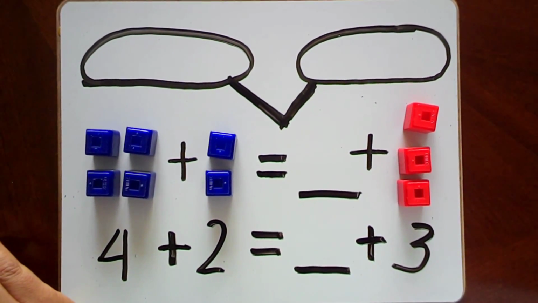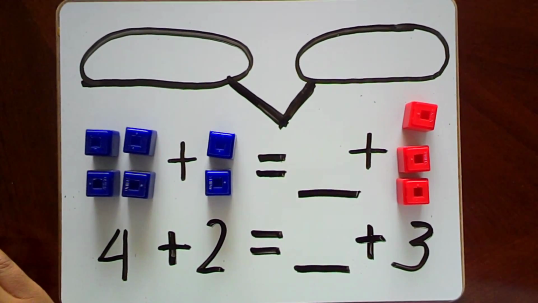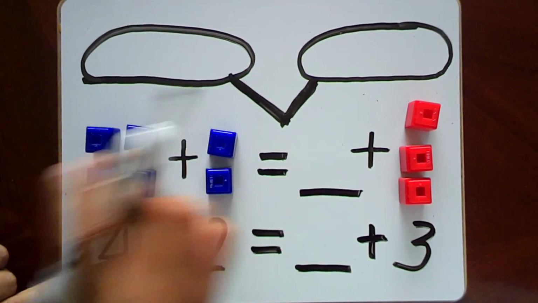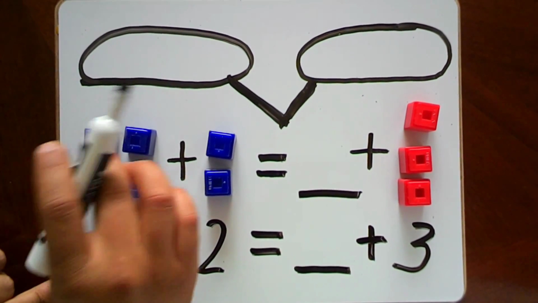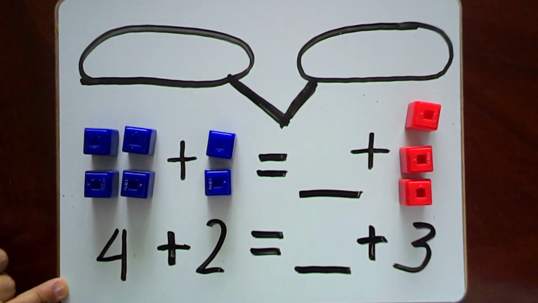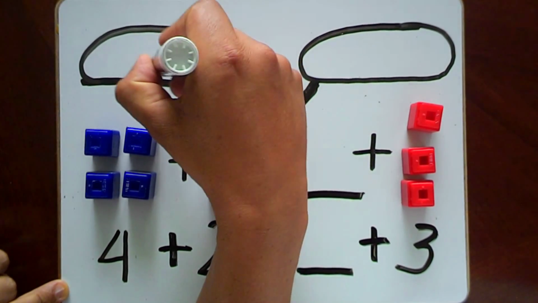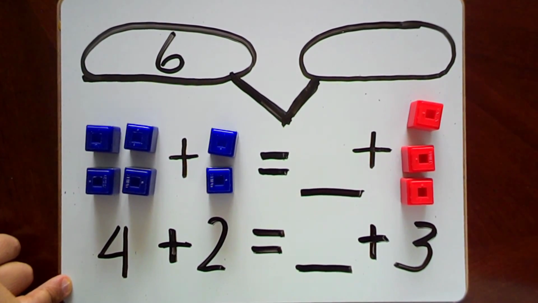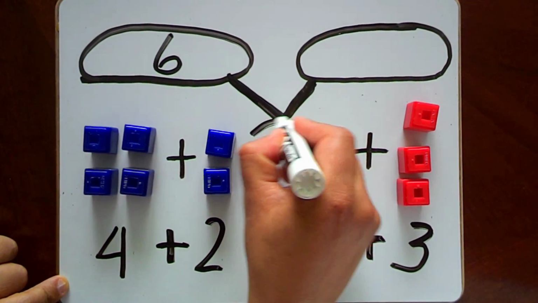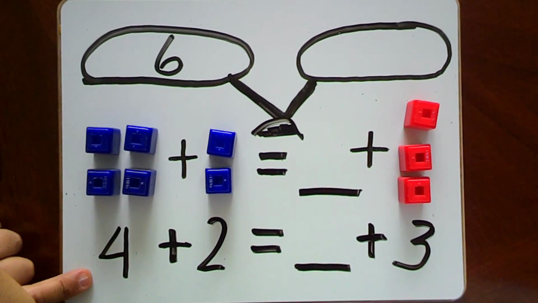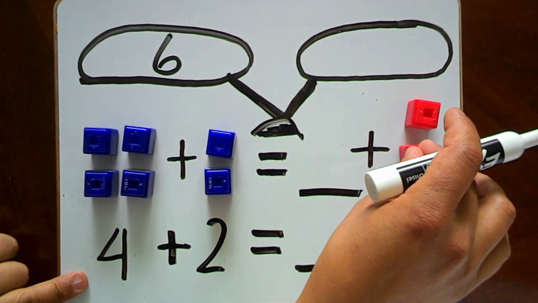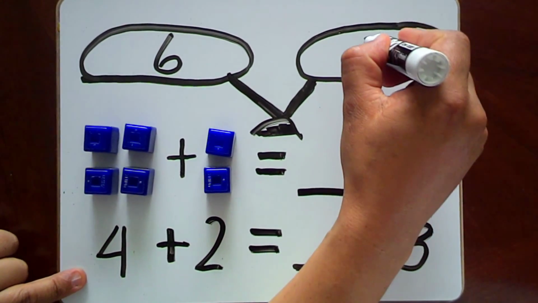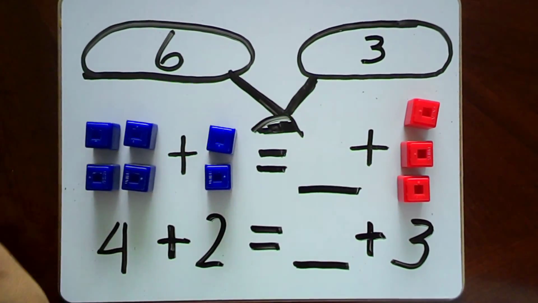Okay, so let's look at what we have on the left side right now. We have 4 cubes and 2 cubes, and we know that 4 plus 2 makes 6. Now on the other side of the balance scale, this is our balance scale, remember, we only have 3 cubes right now, but we're missing something, because if I put 3, how's this balance scale gonna look like?